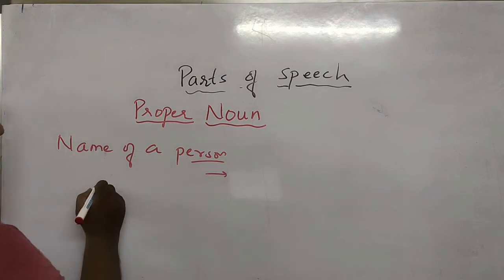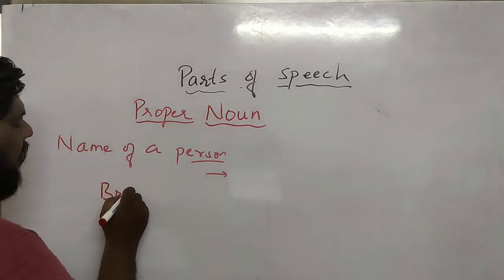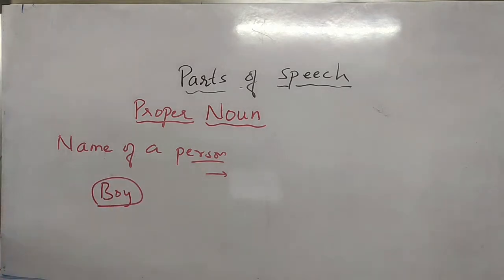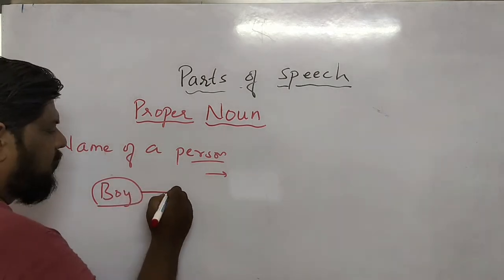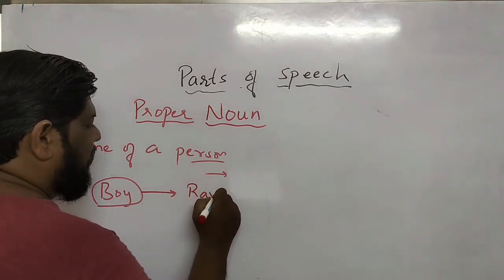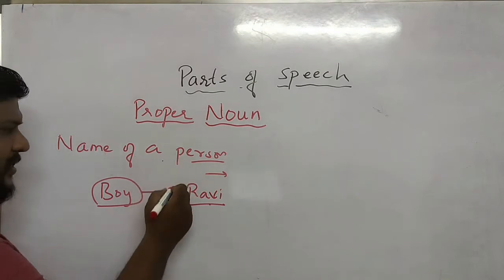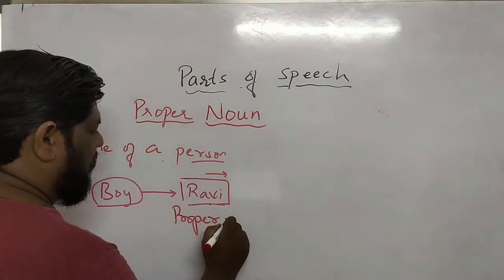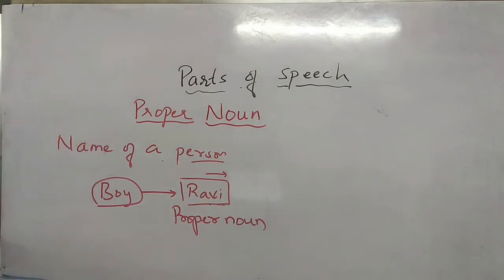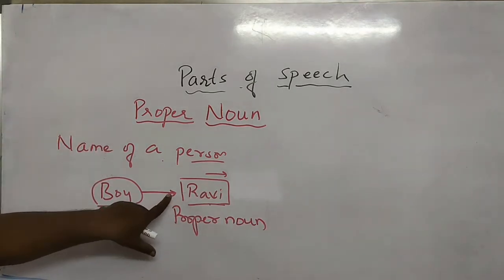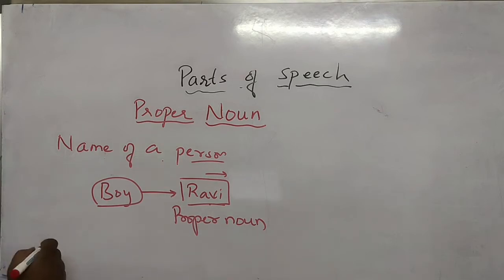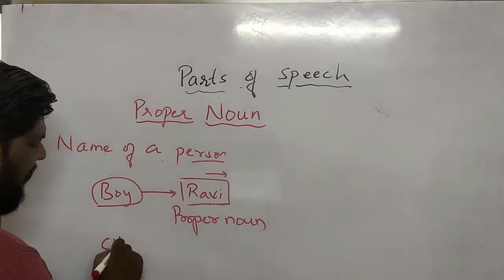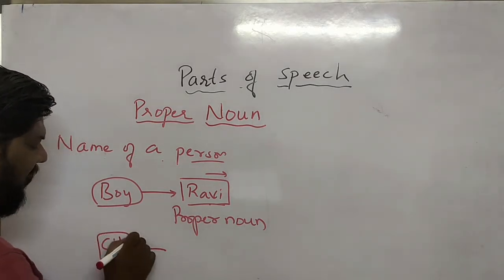For example, you can say boy. Boy is not a name. Now we have given this boy the name Ravi. Then Ravi will become the name of a person, so Ravi will be called the proper noun. In the same way, city is not a proper noun.